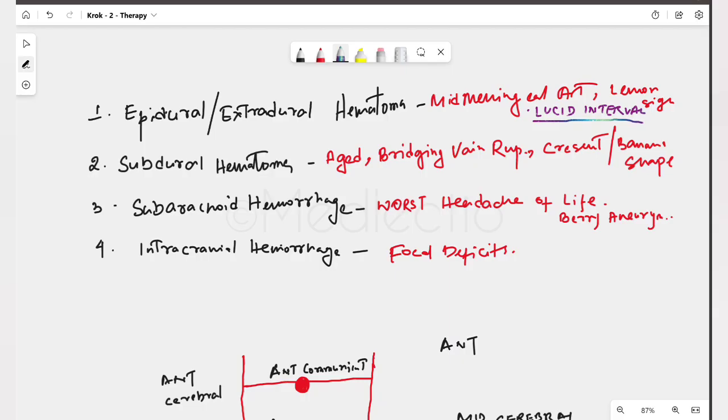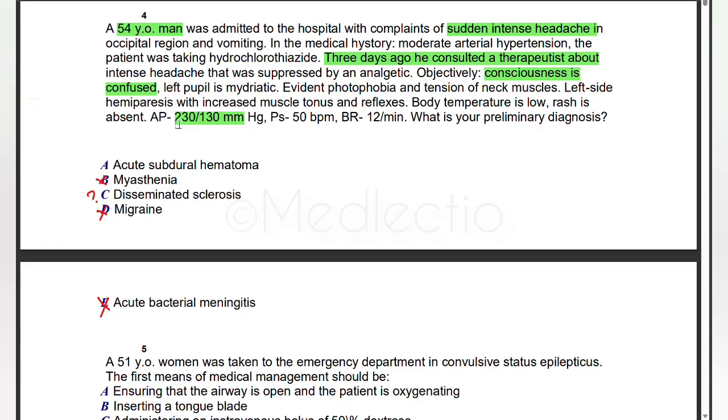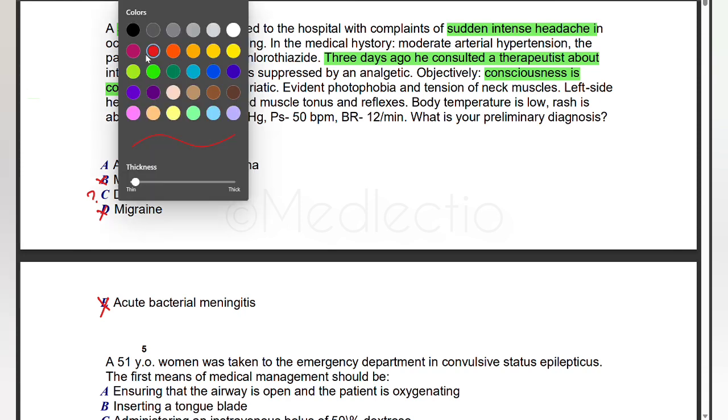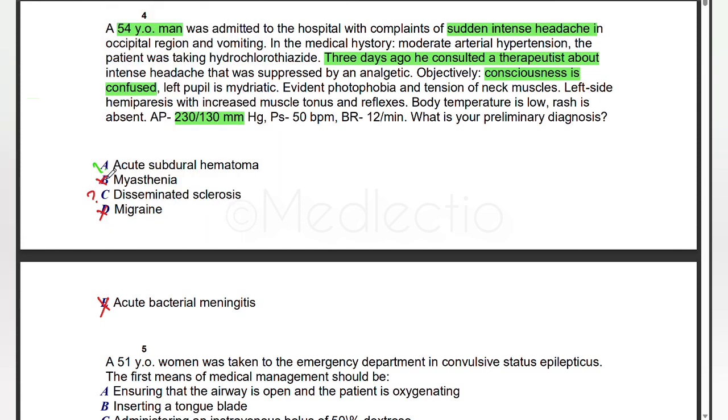So we saw the images, I think it's clear now, and here we have the answer: subdural hematoma.